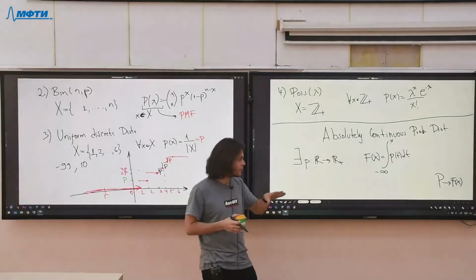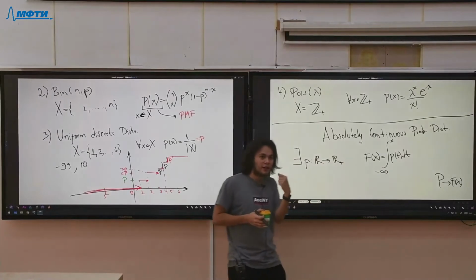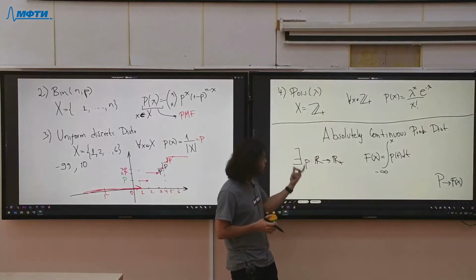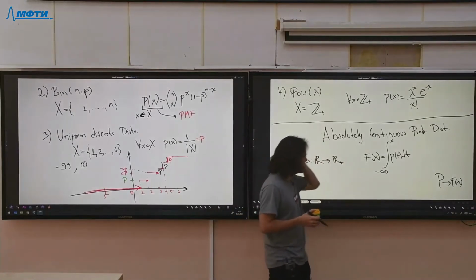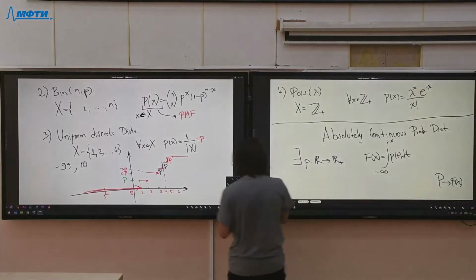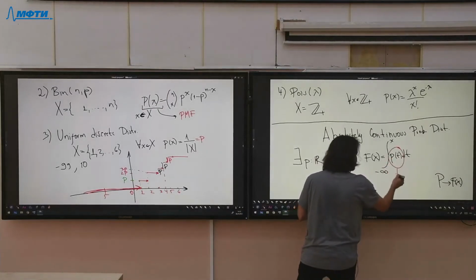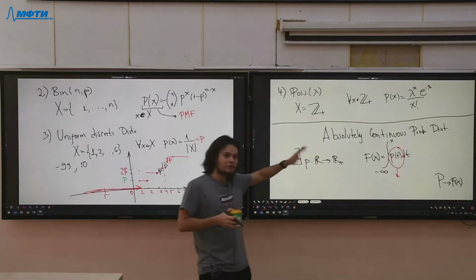Okay, but there's some specific kind of random variables or distributions, just distributions, for which we can define this function p. So this function exists only in some cases.